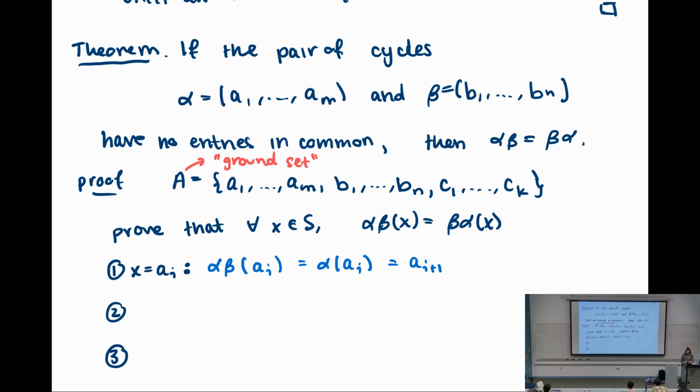Then for the other computation, beta alpha of a sub i: alpha of a sub i is a sub i plus 1, so this becomes beta of a sub i plus 1. And then beta fixes the a sub i's, so this gives me a sub i plus 1. Okay, so we have agreement in these 2 cases, so that one is good.